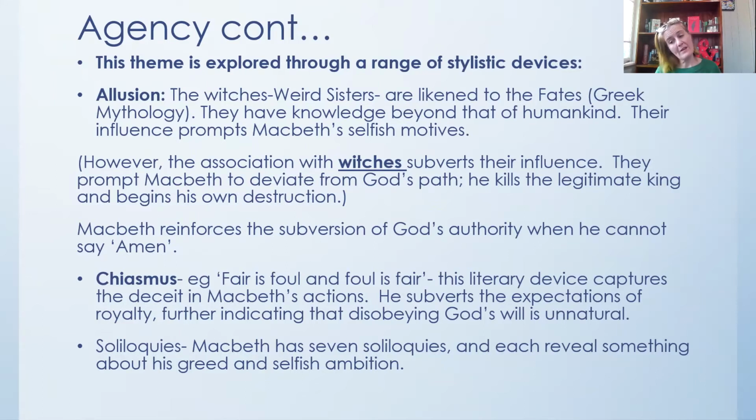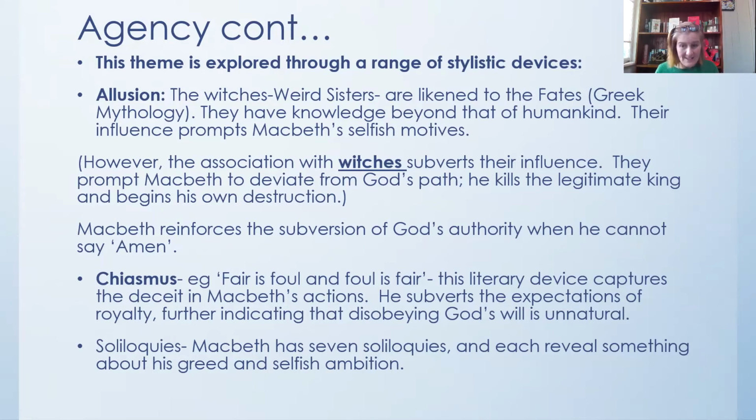So in addition to having the allusion to Greek mythology and to the witches through the word weird, we also have the reference to them specifically as witches, as hags, as unnatural creatures who are not of this world.